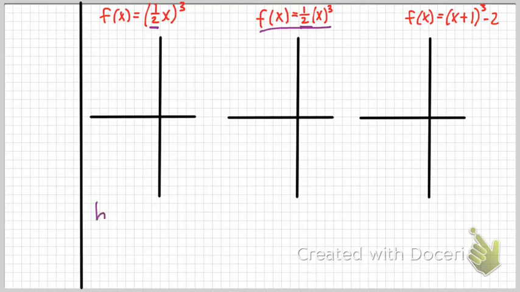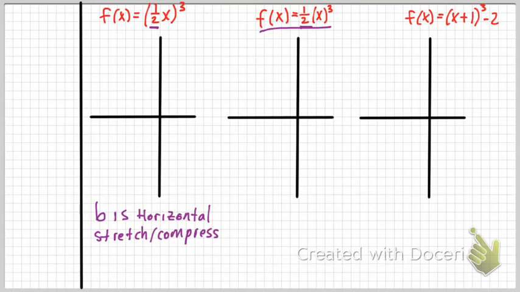So b is horizontal stretch and compression. And then a is very well known to you guys, vertical stretch and compression.